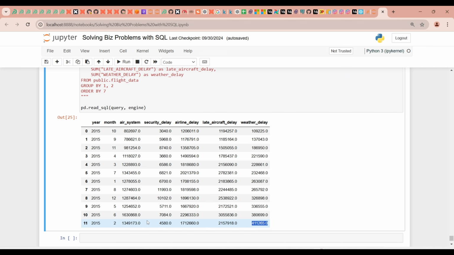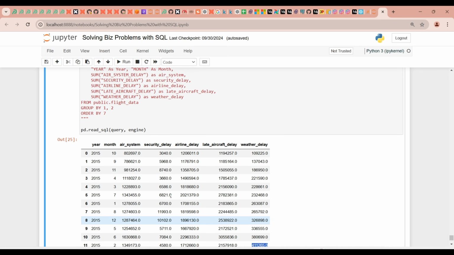If you look at it across the board, late aircraft delay is usually the highest among them, compared to weather delay, though security delay is the least of them.